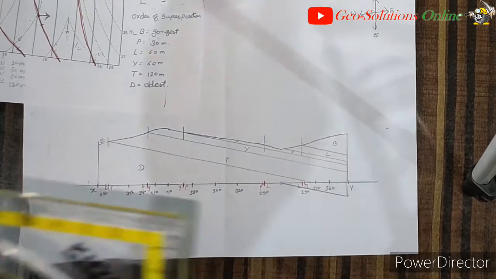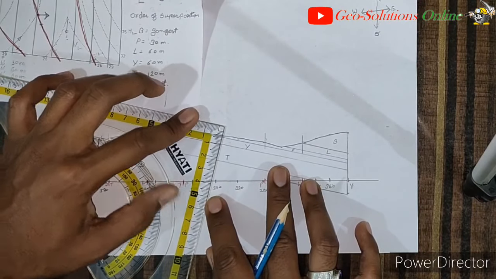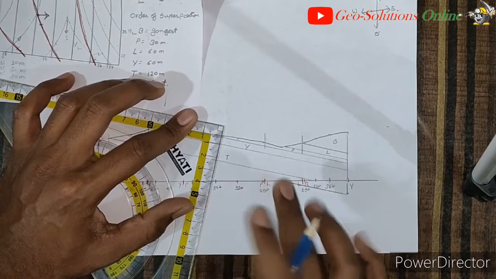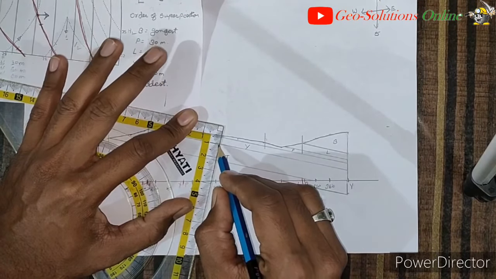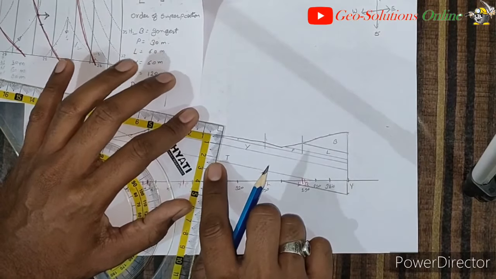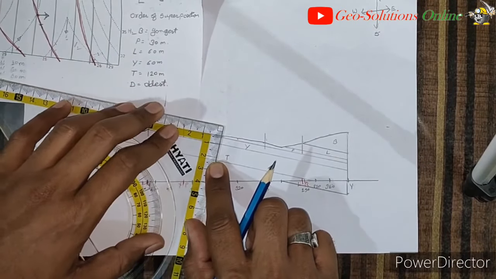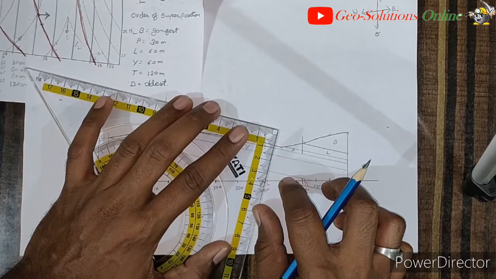So if you want to cross check, you can measure the thickness of this bed from here. It is clearly showing that it has 1.2 centimeter thickness. That is 1.2 centimeter equals 120 meter. Okay, in this way we can also check the thickness of the Y bed.